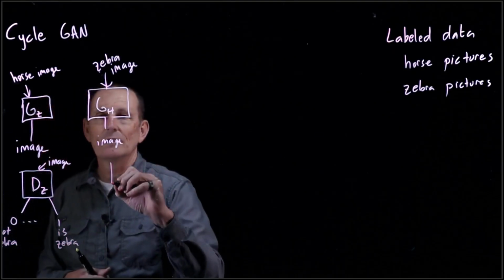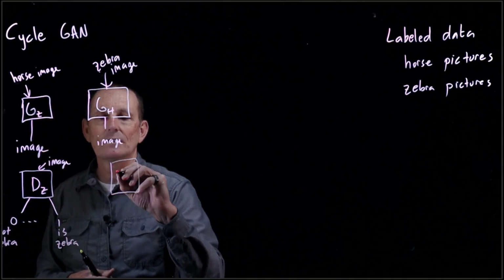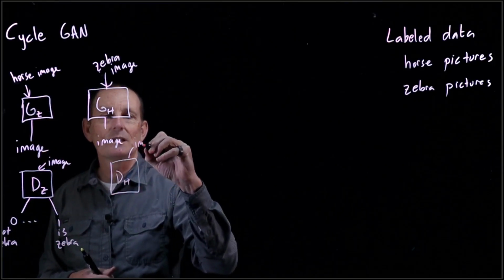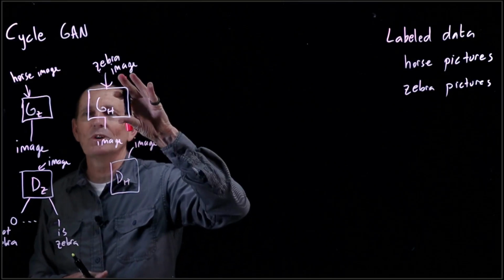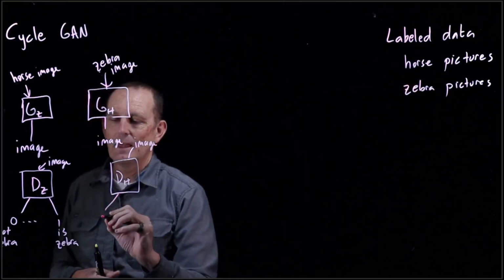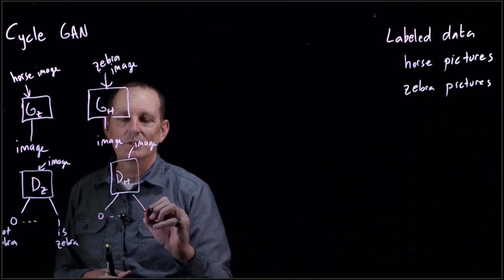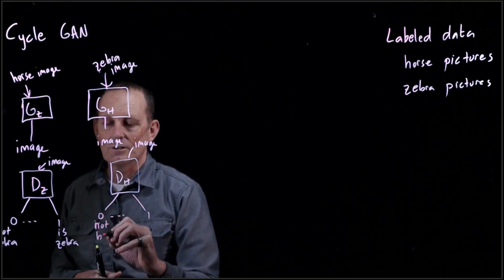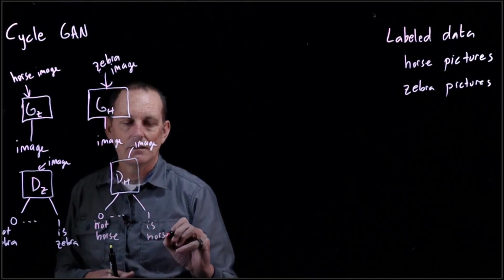We do the same thing for a discriminator for horses. The horse discriminator takes in an image. It can be either the output of the horse generator, or a real horse picture, and outputs values between 0 and 1, where 0 is not a horse and 1 is a horse.